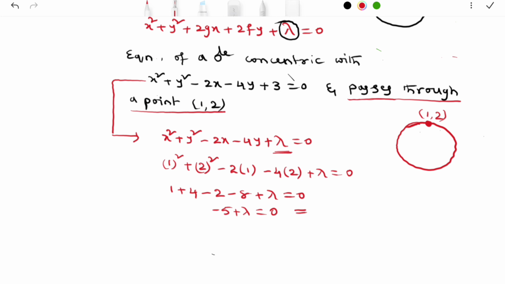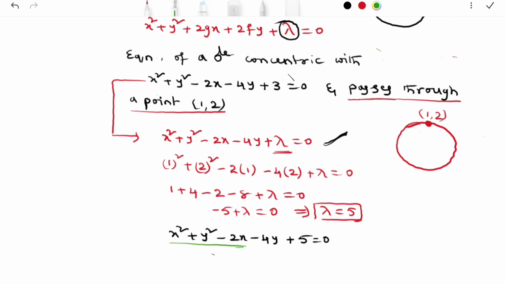From this, lambda is equal to 5. Now you have the unknown value lambda. Substitute this in the above equation and we get x square plus y square minus 2x minus 4y plus 5 is equal to 0. This is the required equation of the circle concentric with the given circle.